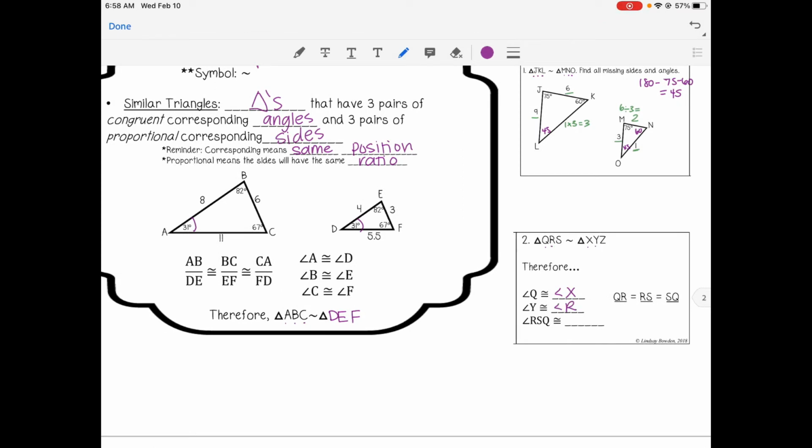If I use 3 letters, R, S, Q, I'm going to follow the same order on the next one: the second letter is Y, the last letter is Z, the first letter is X. Okay, QR over XY, those sides are going to be proportional. RS, the last 2 letters, is proportional to YZ. Last but not least, SQ is proportional to ZX.